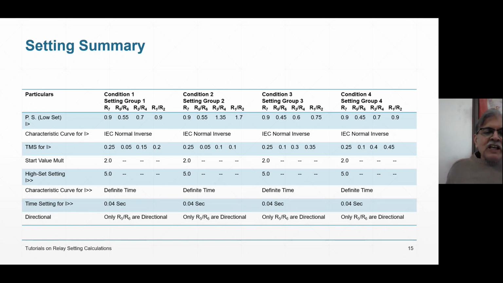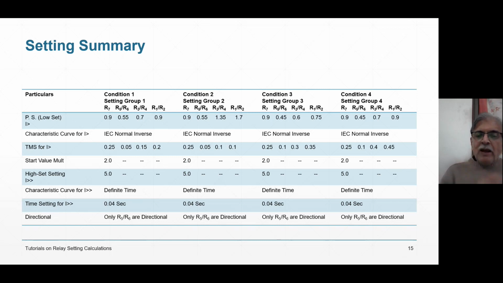High set I double greater than is 5, and for others dash because I am blocking. I am not using I triple greater than also, so I have not written it; it is also blocked. Characteristic curve for I double greater than is definite time, that's what I am using. And time setting for I double greater than I am using 40 millisecond everywhere.